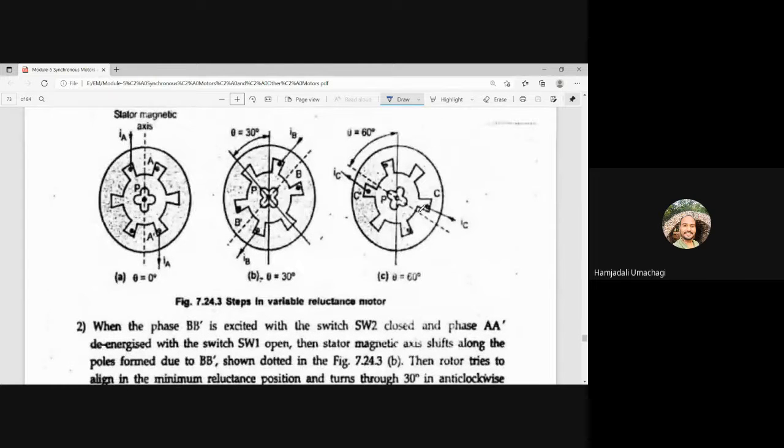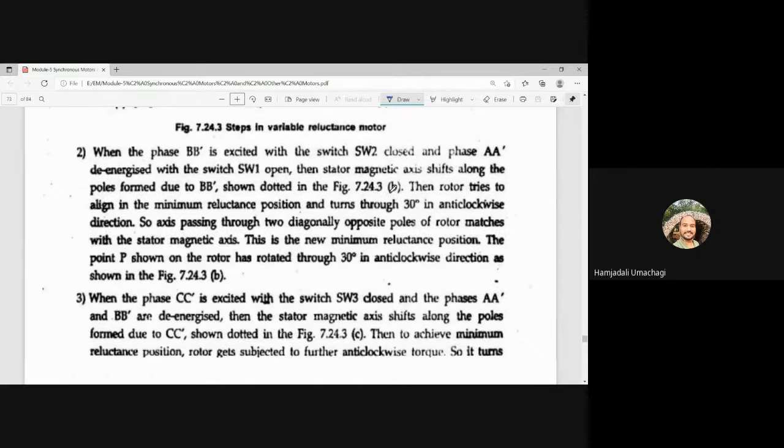So now, after applying the power supply to phase C, these are the poles belonging to C, here the magnetic axis will be available now, and this is the minimum reluctance position. And once again, the rotor will move, point P shifted 30 degree further, and that too in the anti-clockwise direction. So altogether 30 plus 30 is 60-degree rotation that we are going to get in the anti-clockwise direction.